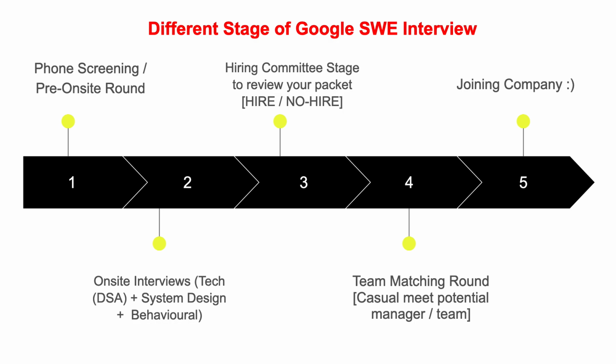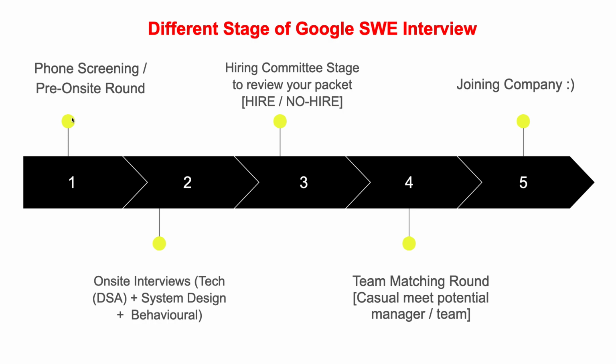Mostly the managers will reach out to you and try to attract you to their team, and discuss what work you will get upon joining. So you have the luxury to choose whichever team you will join at Google. This is a really good thing. Then once you do the team matching round and accept the job offer, you join the company.